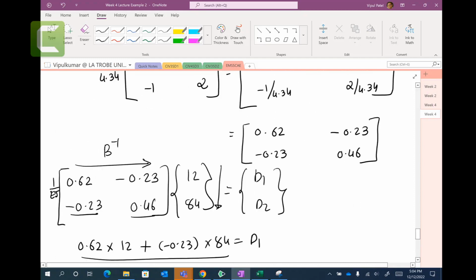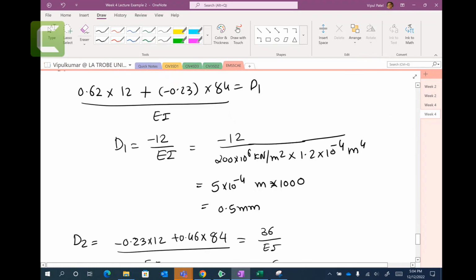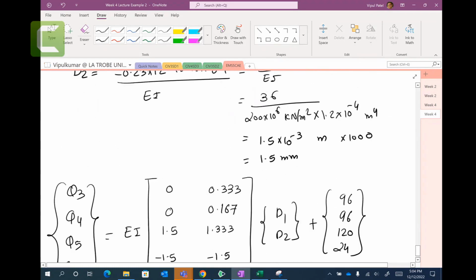I just copy these from your big equations. I get this, this, this, and I get these 96, 96, 120, and 24. Now we substitute D1 and D2 here.